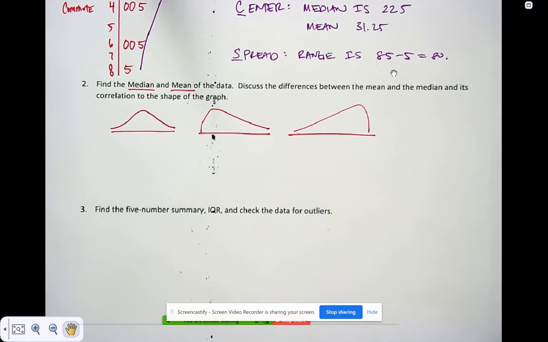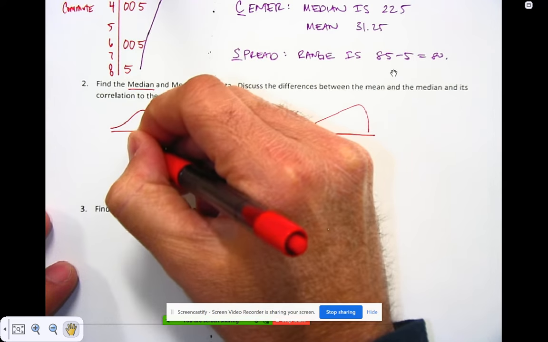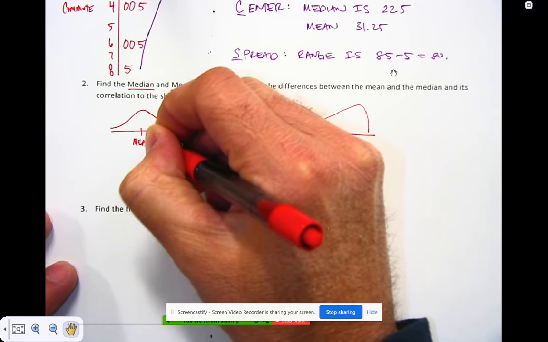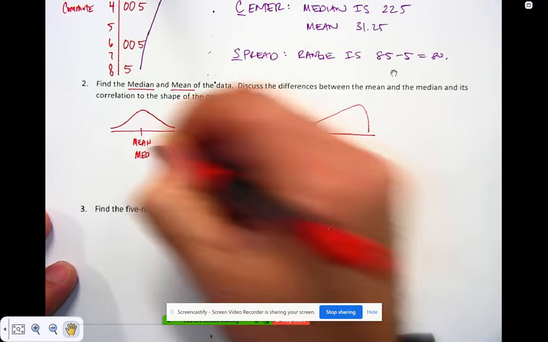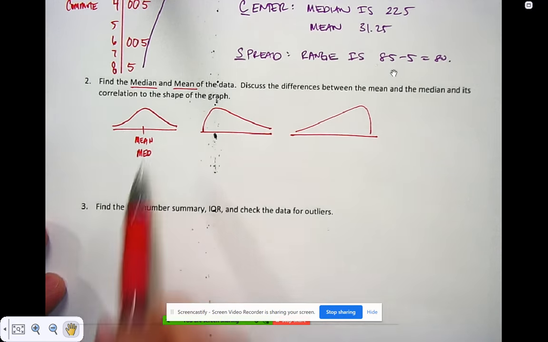These are smooth curves that would lay over data that we collected. If you end up with symmetric data, the mean, which is the average, and the median are the same. They're right in the middle.